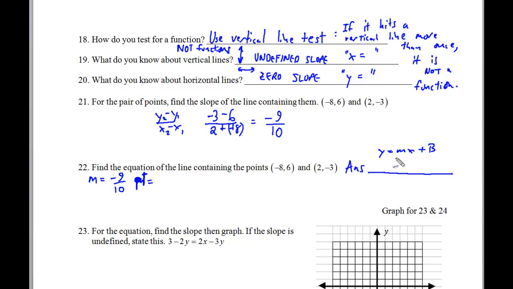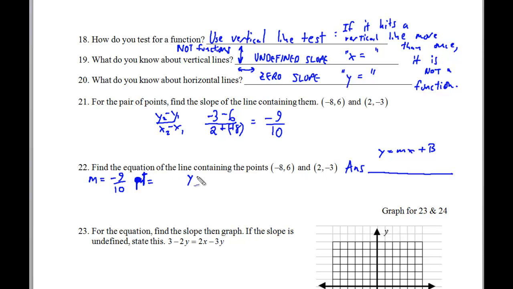So what I'm going to need to do is plug in my slope of negative 9/10, pick one of these 2 points, the first or the second one, and then solve for b. Since both of these have a negative number in them, there's really no benefit to picking one versus the other, but I'll pick the one with the smaller numbers.